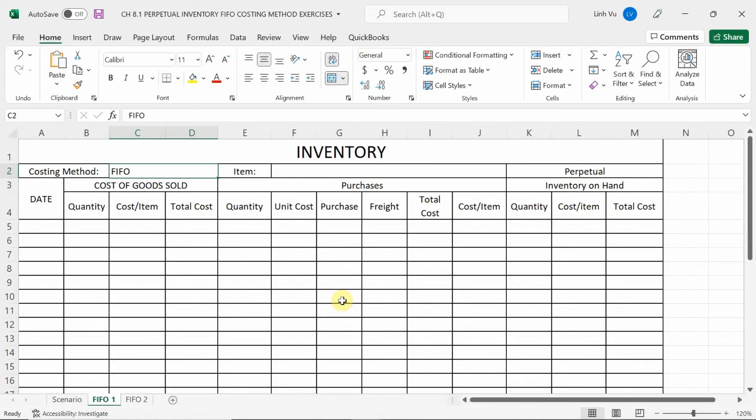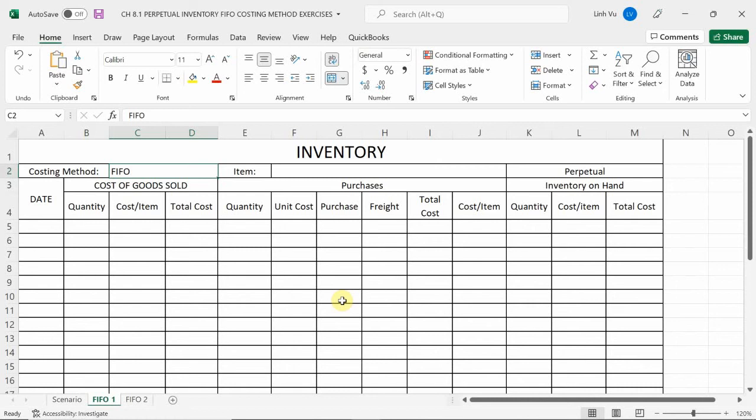And then the inventory on hand. Because our inventory is perpetual, we need to transfer into my inventory on hand. So I'm going to show you how this works. We go from section 1, then section 2, and then section 3, and we're going to do that back and forth for every single transaction that we deal with.